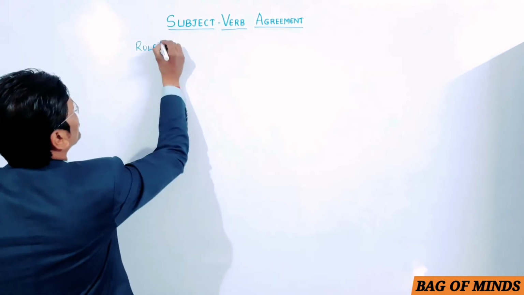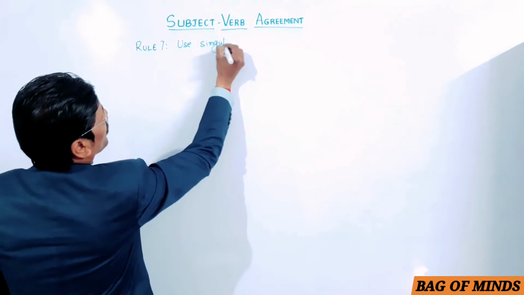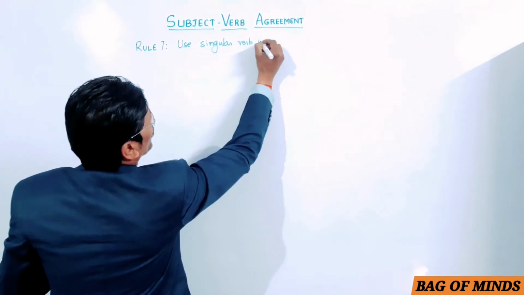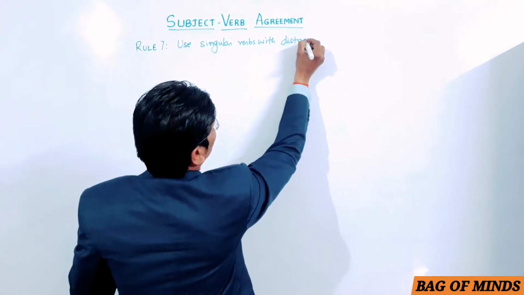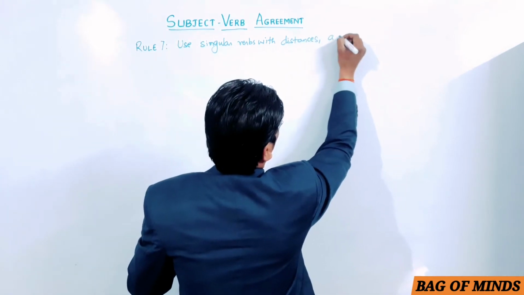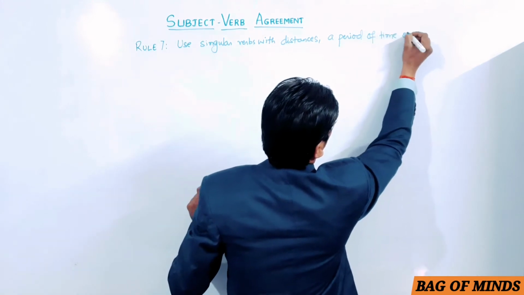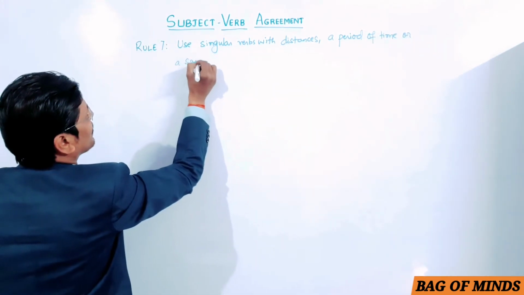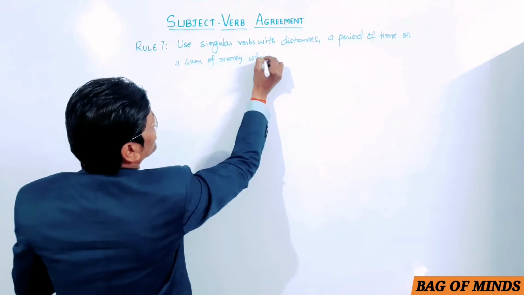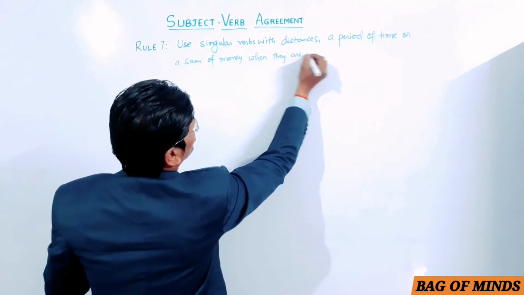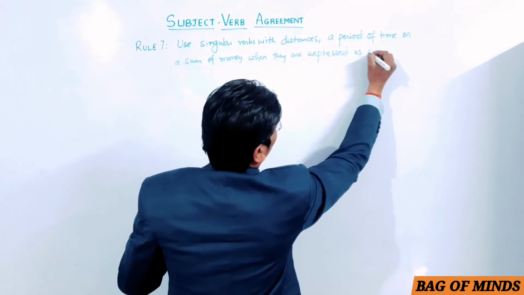Now, rule number 7 says: use singular verbs with distances, a period of time, or money, or a sum of money, when they are expressed as one unit.